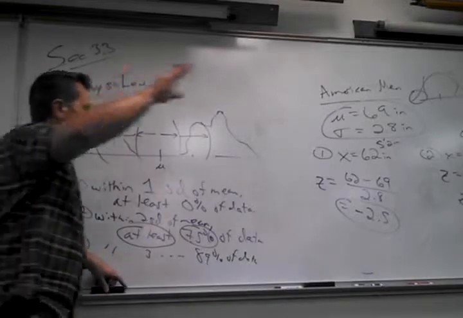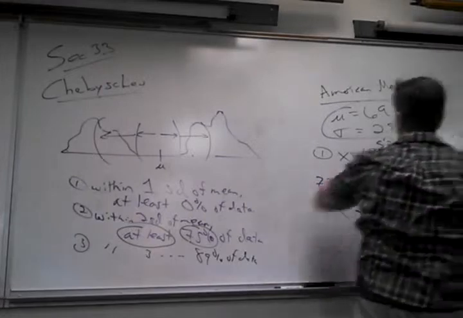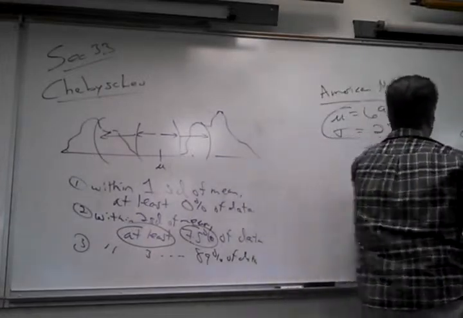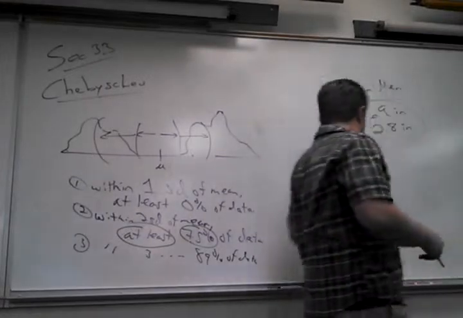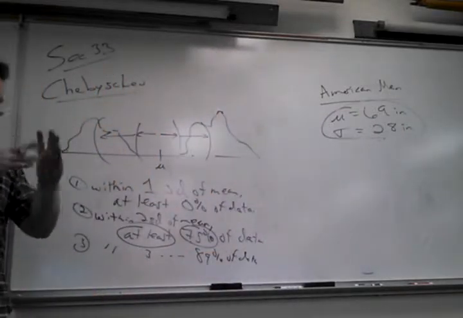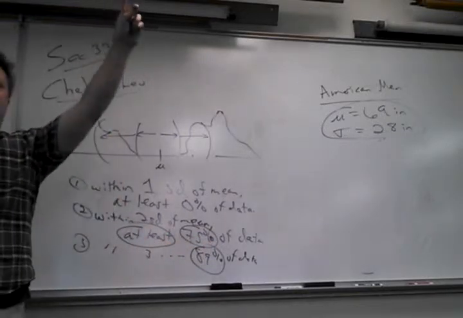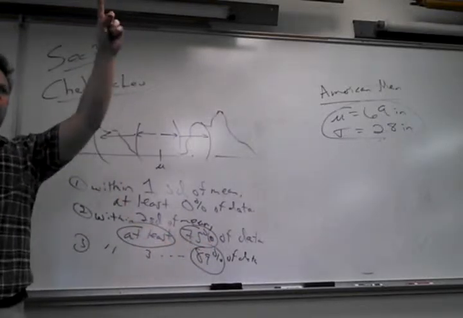So watch this. This is kind of cool. If I didn't know that heights were normally distributed, and I wanted to make sure, why are doors as tall as they are? Why do you think they're as tall as they are?